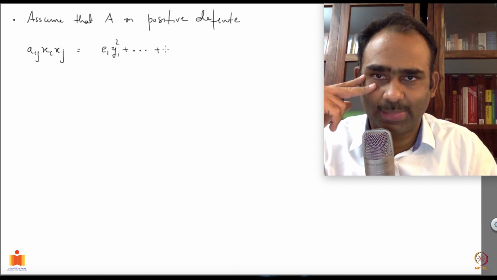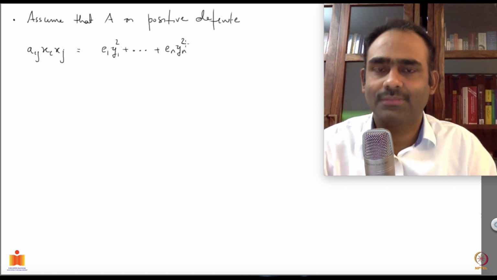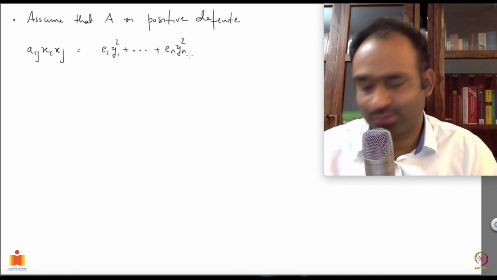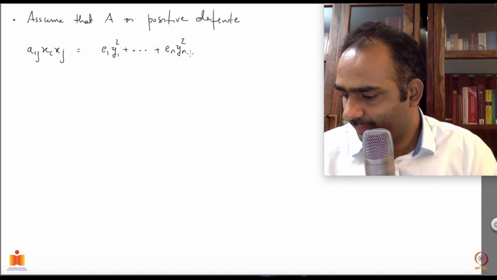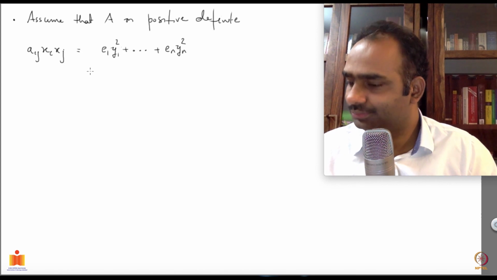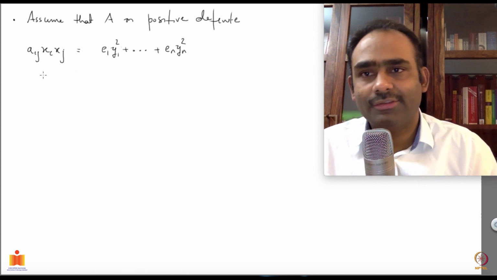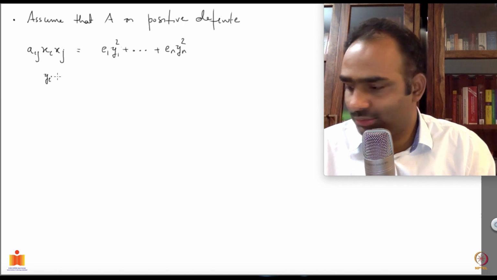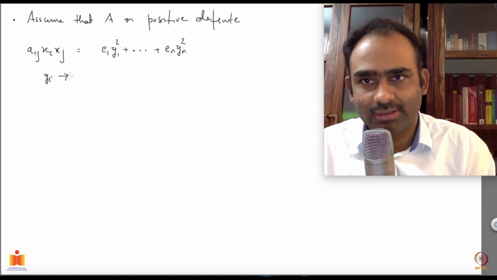This is the principal axis theorem, assuming positive definite. Now clearly, if I do a further transformation and I take these yi's to zi, where zi is related to yi by the following.